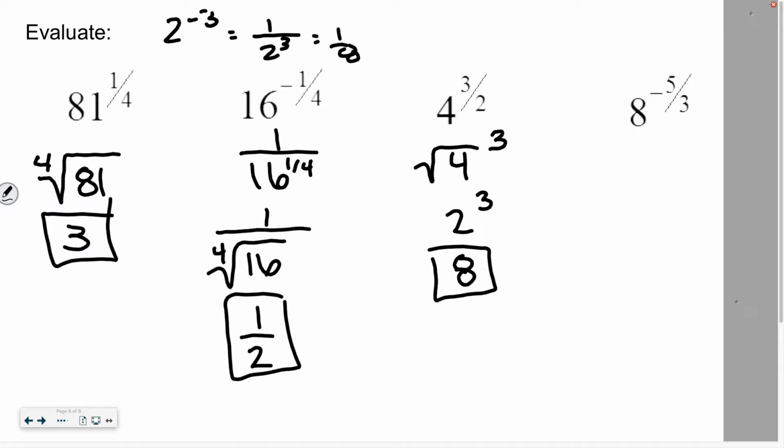Okay. 8 to the negative 5/3. You're saying to yourself what right now? Negative exponents do not make anything negative. They flip what they touch. Thank you, Katie. So what's going to flip? 1/8 to the 5/3.